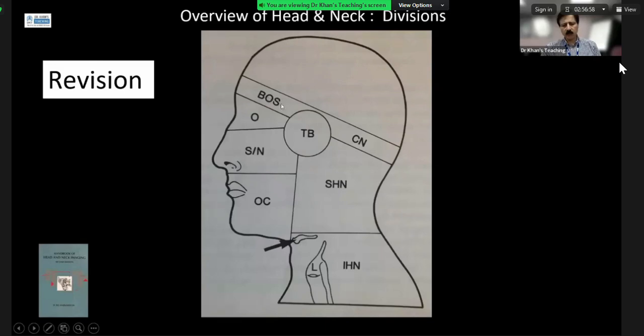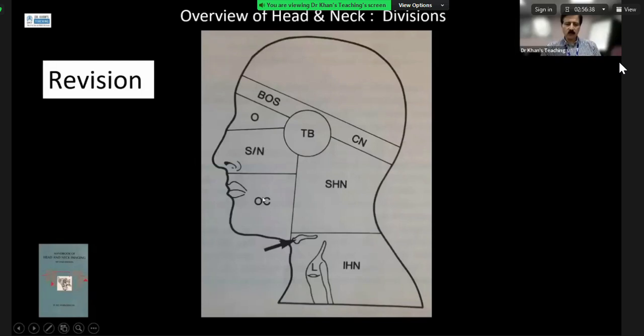Today we are going to cover base of skull, including cranial nerves. So this is base of skull. And then we will cover the orbit. Then next time, we will go into paranasal sinuses, sinonasal, but the pterygopalatine fossa we are going to cover today.